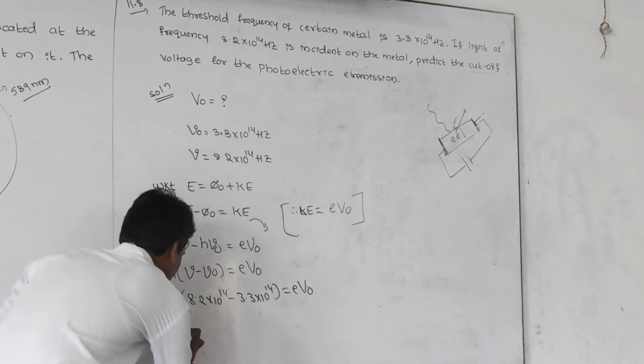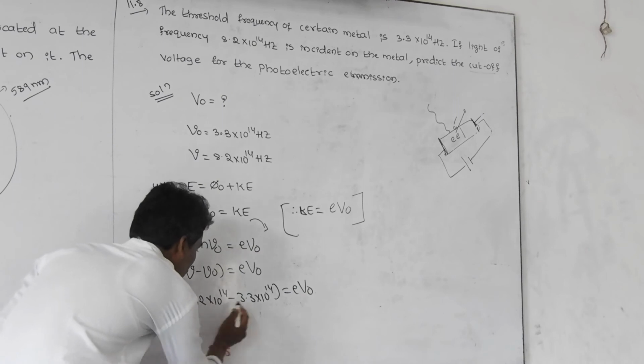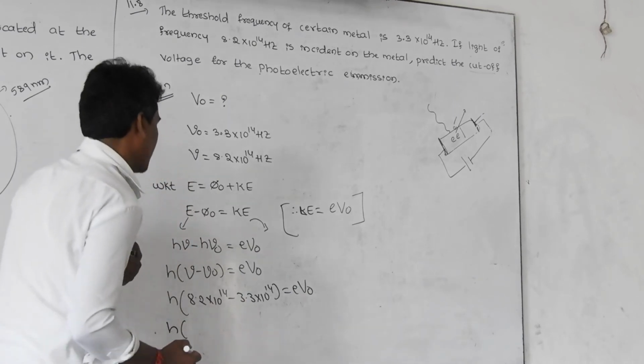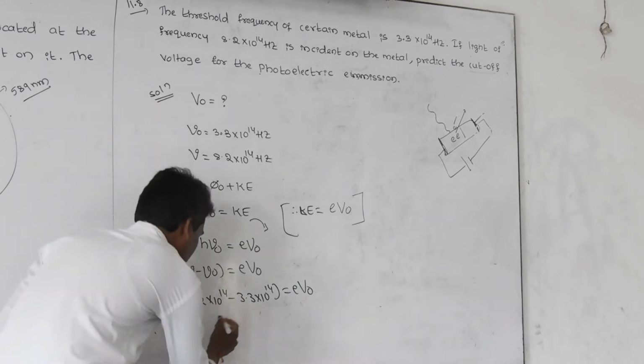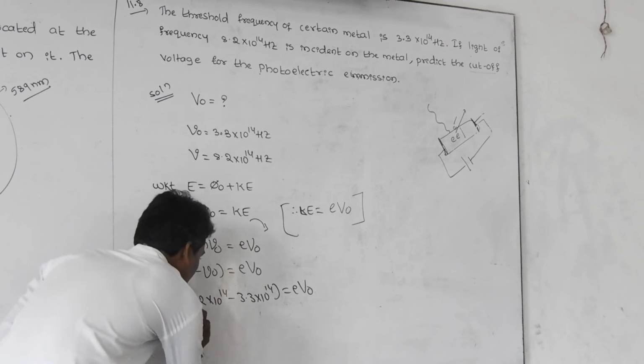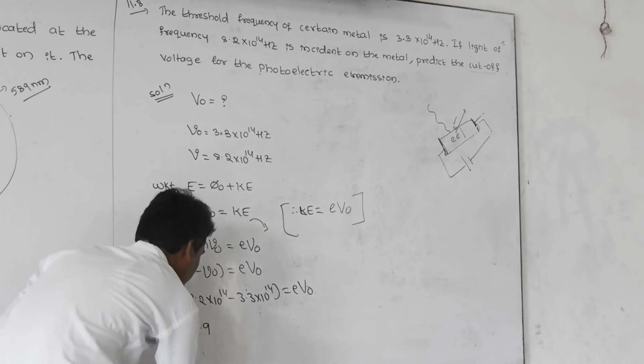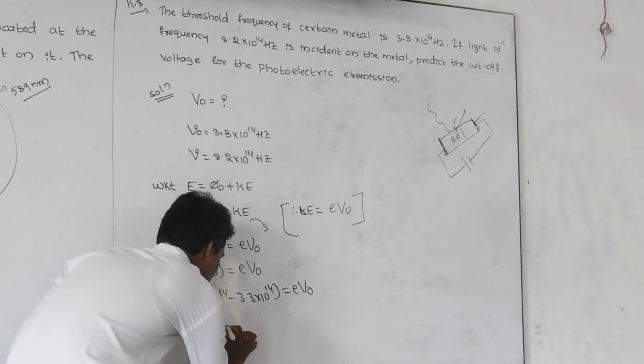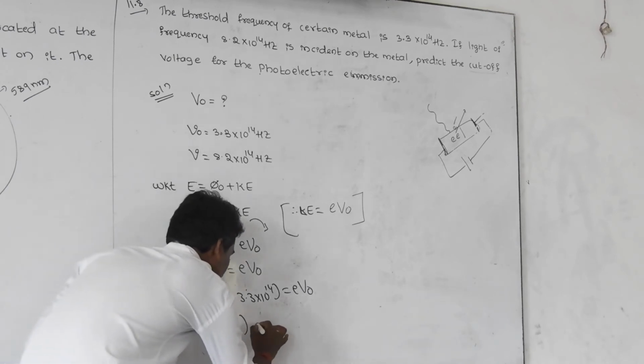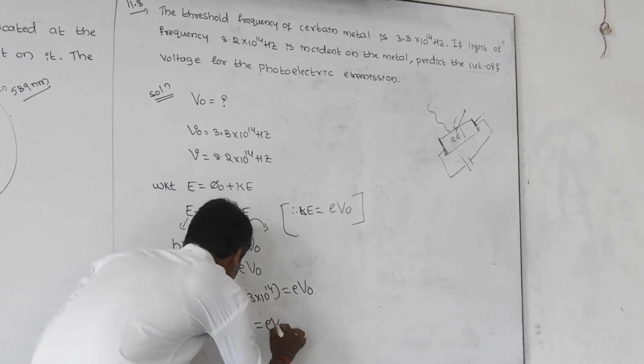And here h as it is, 8.2 minus 3.3: 2 minus 3 means 9, and 8 minus 3 is 4.9 into 10 to the power of 14, is equal to eV naught.